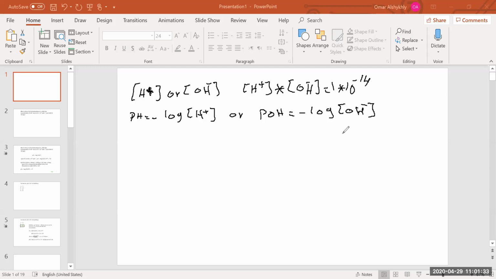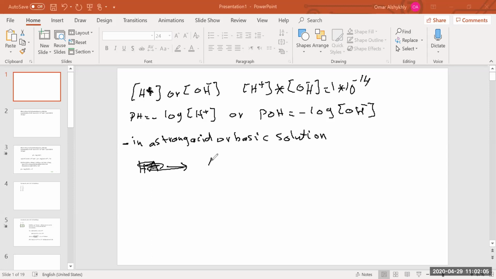Now, in a strong acid or basic solution, look how you will deal with it. A strong acid, HA, will dissociate completely in the presence of water.